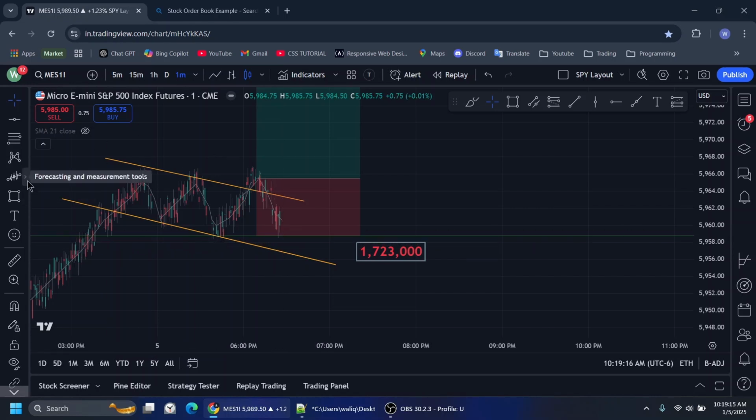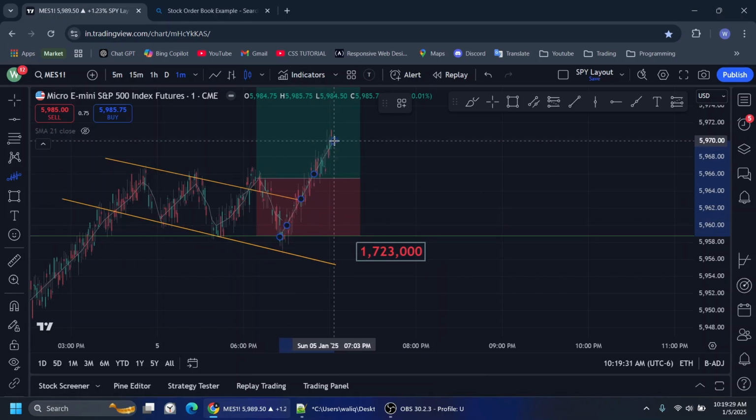Then they're gonna place their buying order of 1.7 million shares, and the market is gonna shoot up while everyone else's stop loss is hit.